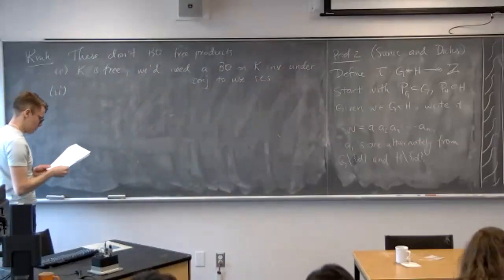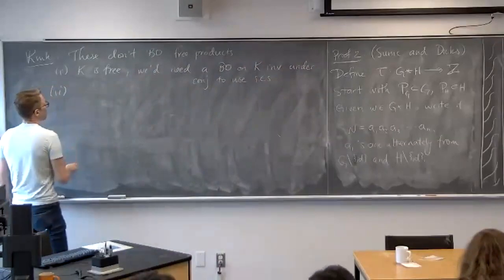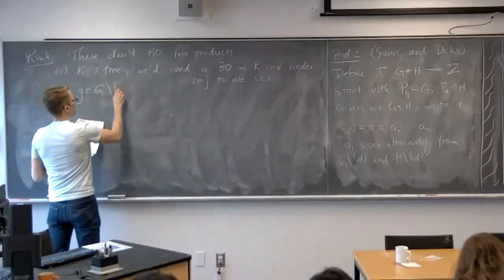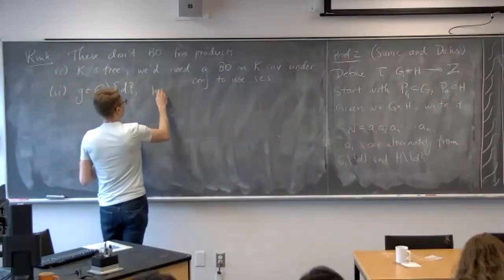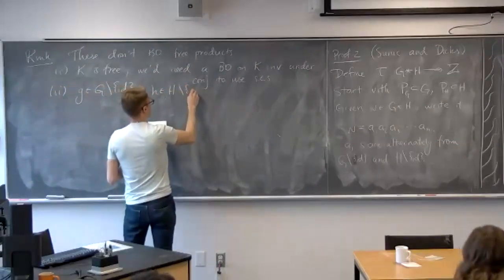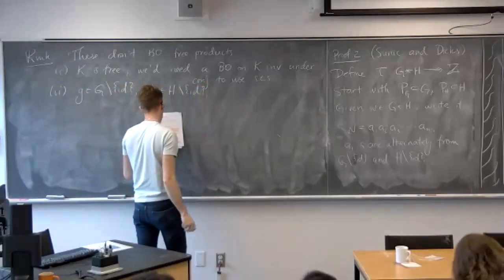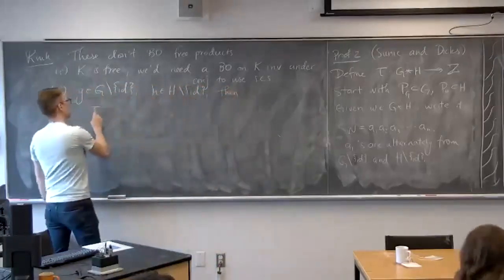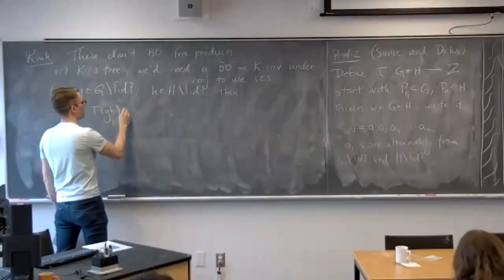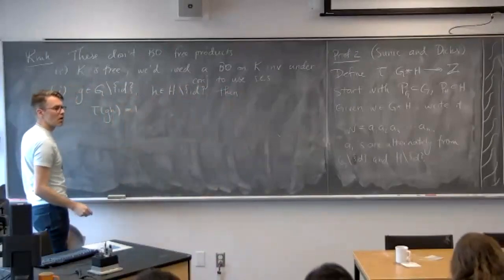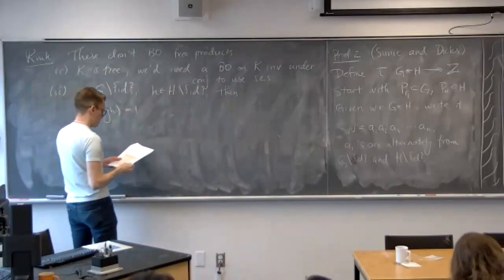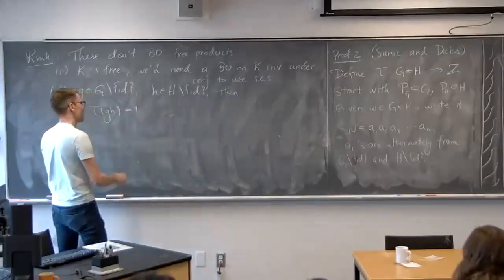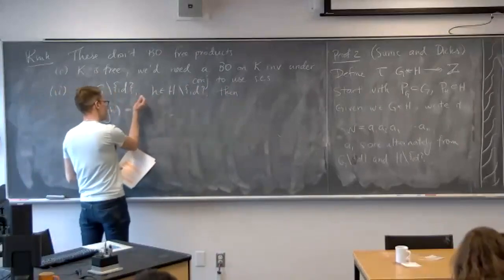So for instance, let's pick G in G without the identity, H in H without the identity. Then if you just look at this, tau of GH, that's 1, so it's positive. Or maybe that's not 1. I think it's 1. In any event, it's positive.